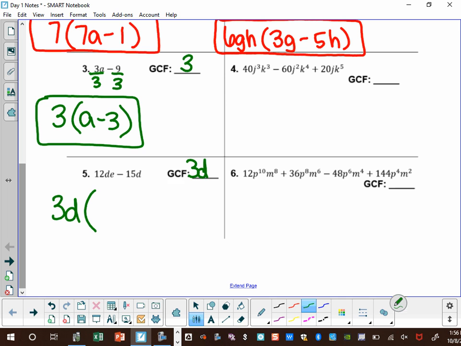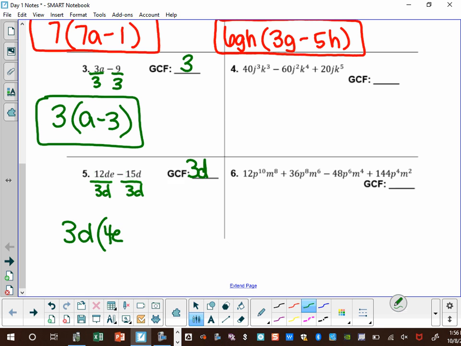I have 3D. If I divide, my GCF goes on the outside, and I'm left with 4. The D on top and D on bottom, they cancel out.